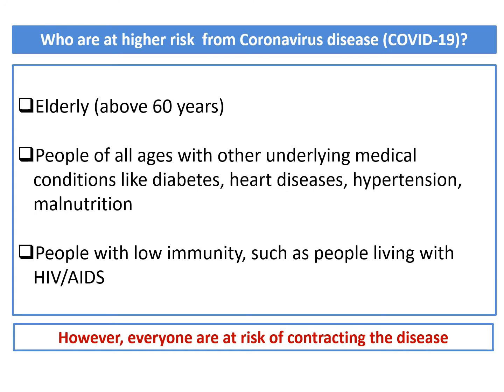These include the elderly, for obvious reasons, the body is already worn out, and there are people of any age who have underlying medical conditions, diseases like diabetes, heart disease, hypertension, malnutrition, all those increase the risk of a person who has these diseases. The other group is those who have reduced immunity, especially people living with HIV.